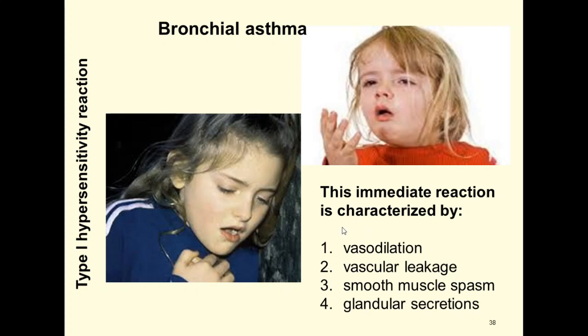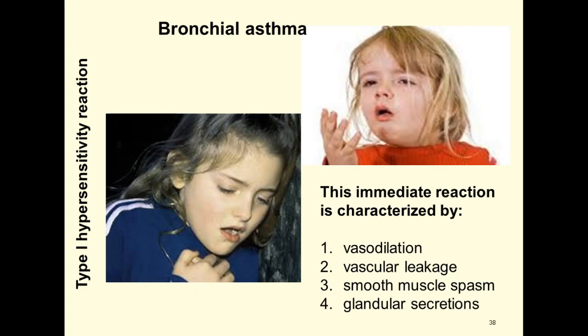And you see here four main parts of this situation. First of all, vasodilation, vascular leakage, and that's why we have edema, smooth muscle spasm, and that's why the patient can't breathe out, because of smooth muscle spasm of the bronchi.